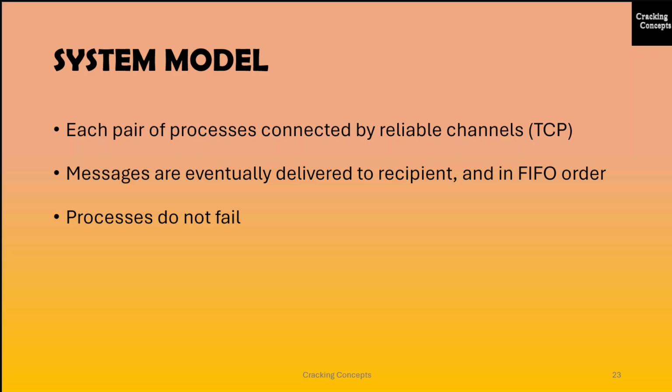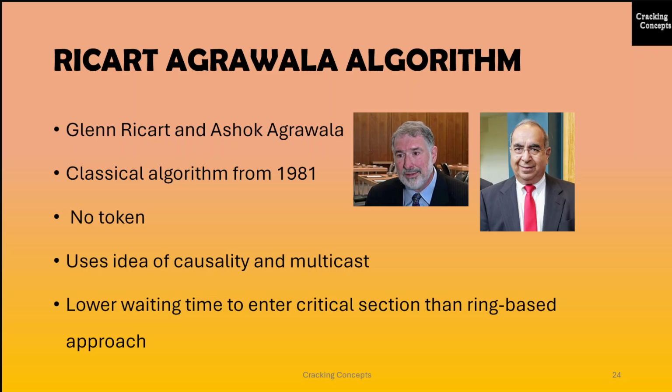So, we are looking for a model in which we can make this faster. Now, we are seeing the system model for that particular solution, where each pair of processes are connected by reliable channels such as TCP. The messages are eventually delivered to the recipient in first in first out order, and the processes do not fail. Now this solution is called the Ricart Agrawala algorithm.